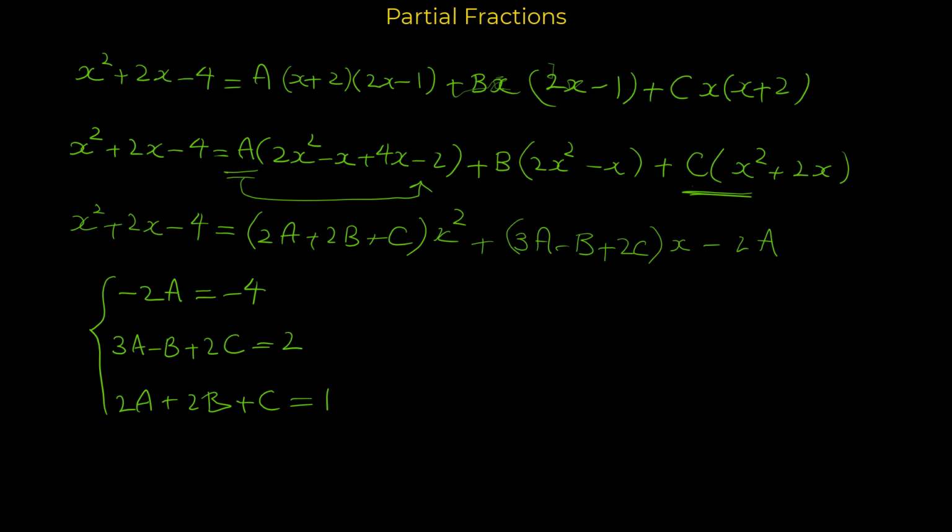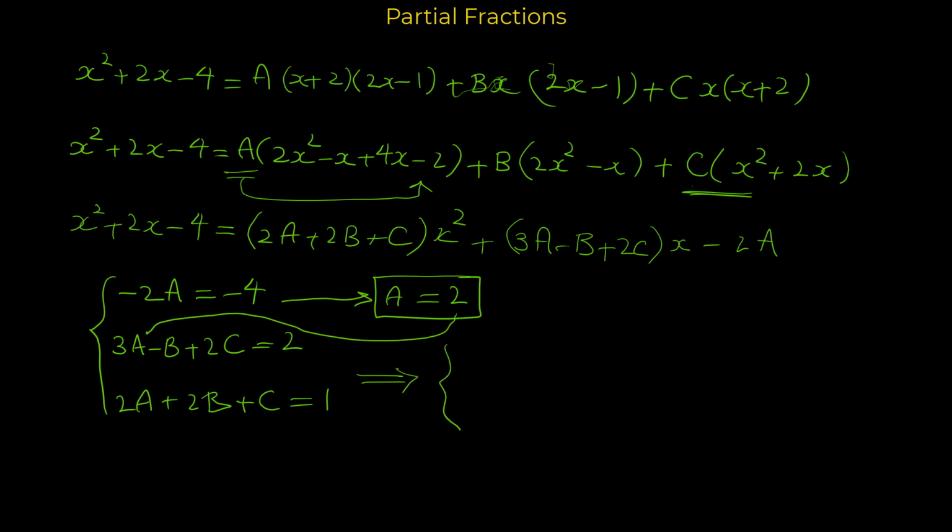Here we are a little lucky that we have this simple first equation, and from here a is negative 4 divided by negative 2, so a is 2. Now that we have the value of a, we can substitute it in the other equations to make equations with only 2 unknowns. So we plug in 2 in the second and third equations.